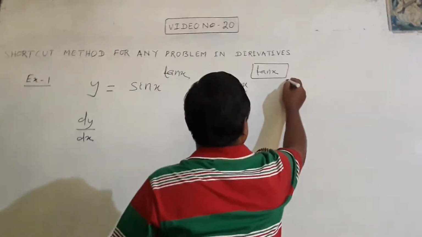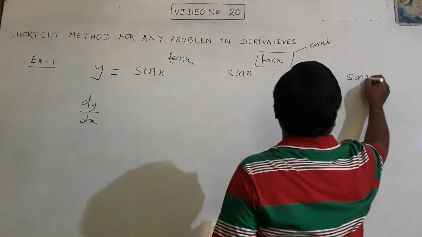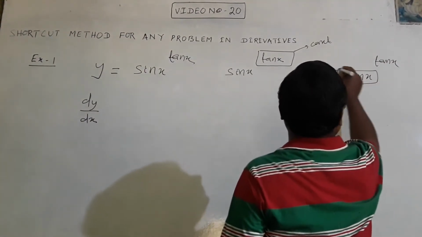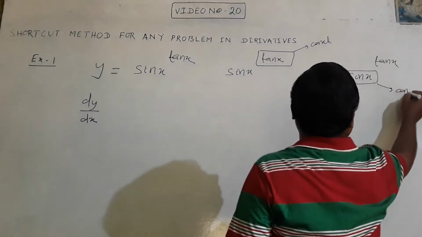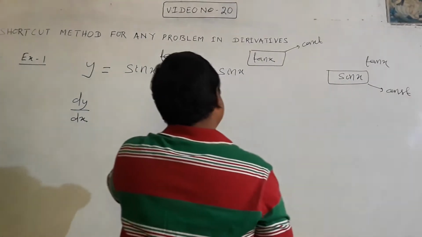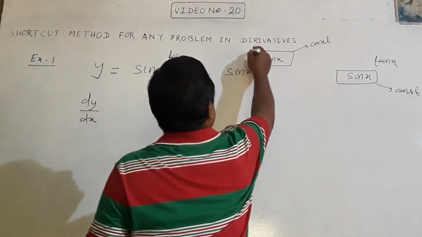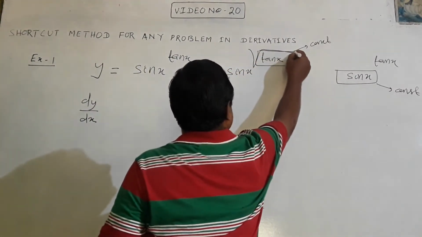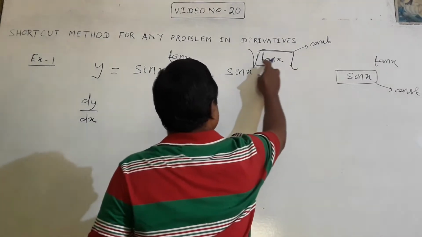Treat it as constant. First take this as constant, then sin x to the power tan x. Then treat sin x as constant. If tan x is constant, then it is just your n. I am writing it here. It is just your n.